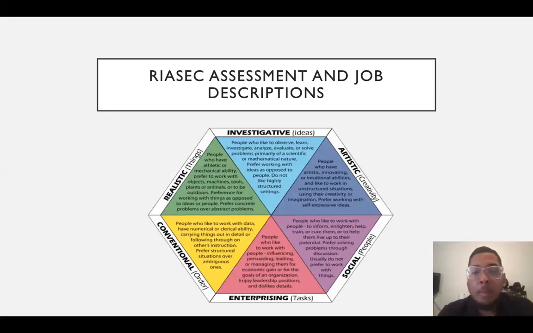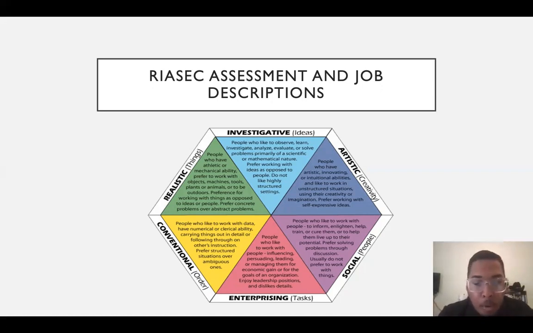Alrighty, so now I'm going to go over the RIASEC personality types. My main objective in doing this is to give some examples and visualize each category in some real world examples. Keep in mind that these personality types are different, but there's also a lot of overlap in them, so just keep that in mind as we go through them.